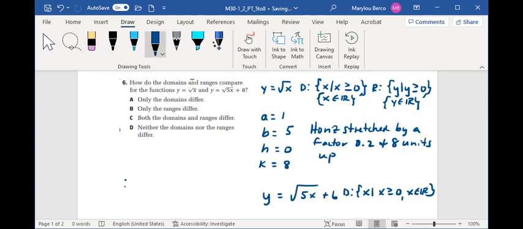But the range becomes y such that y is greater than or equal to 8. So the choice would be only the domains differ, ranges differ, both domain and range, neither. So it would be B.